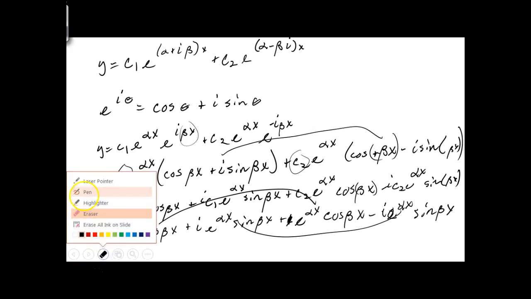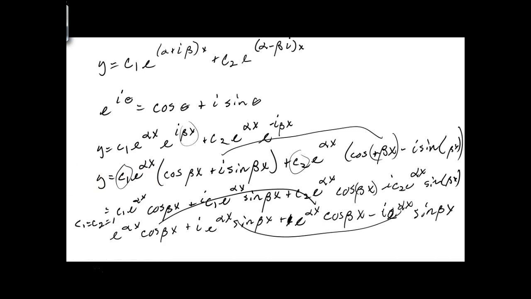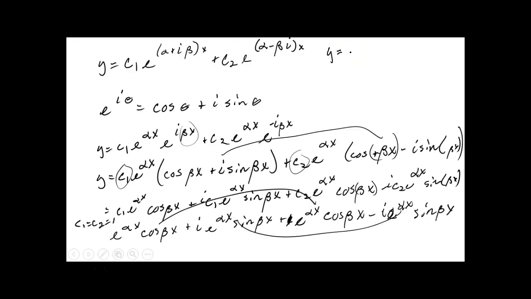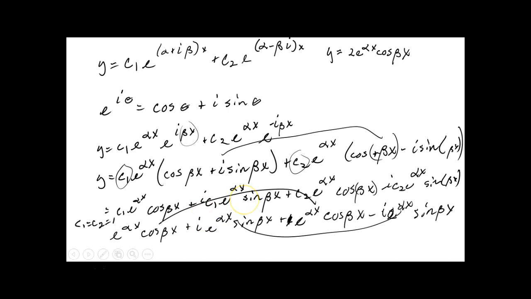And what we have here, when those are equal to each other, your y is equal to e^(αx) cos βx. This one plus that one, just 2 of them, okay? Because these two added to 0, okay?